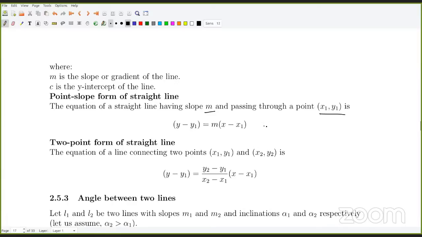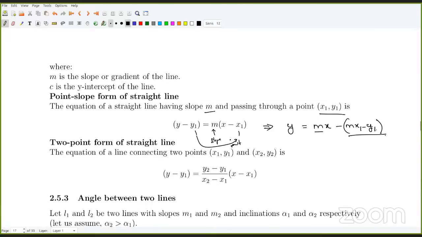You can simplify it and convert it into slope intercept form: y is equal to mx minus mx1 plus y1. You can convert one form to another. Here you can see y1, x1 and m, where m is the slope and x1, y1 is the point. That is why this is named point slope form.